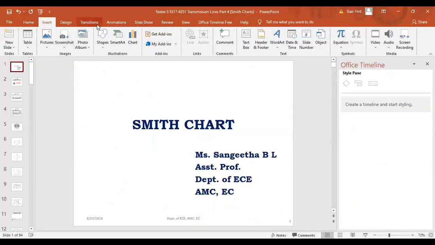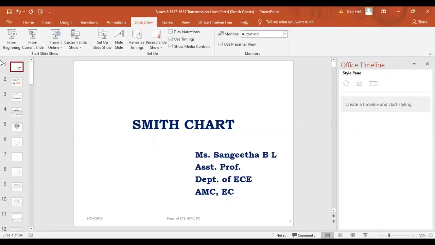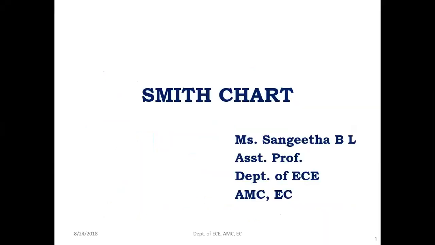Now next, we'll go to one more topic, which is very important from your exam point of view. This concept is called the Smith chart. You will be given a graph sheet, a kind of chart, where you have to plot the reflection coefficient, whatever parameters you have found till now.